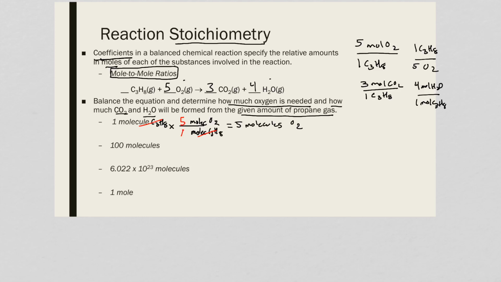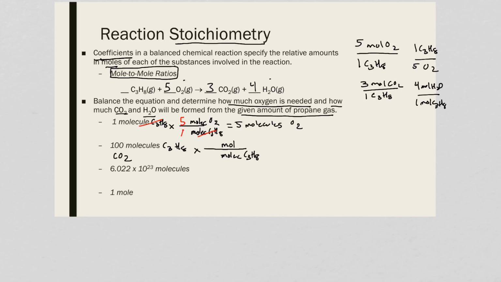What if I start with some amount of molecules? Let's say I have 100 molecules of C3H8. And this time, I want to focus on the CO2. So how much CO2? Again, I need my units to cancel, so I'm going to need molecules of C3H8 on the bottom.